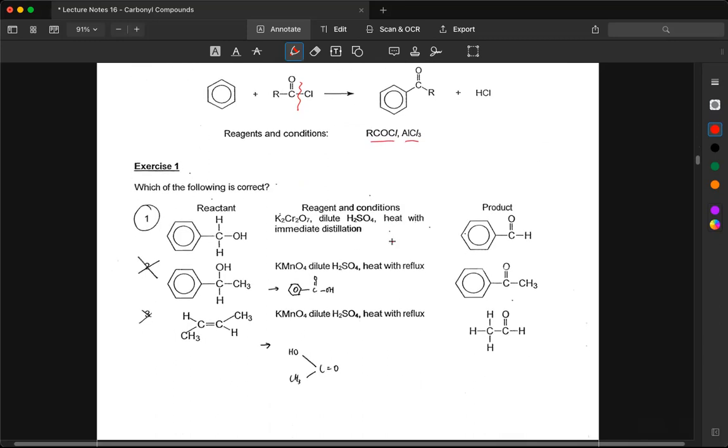Some exercise for you to check which is correct, which is wrong. For this one, the product of this reaction is benzoic acid, right? Sorry, not benzoic acid, I'm so sorry.